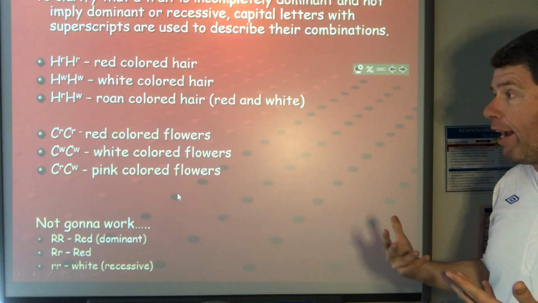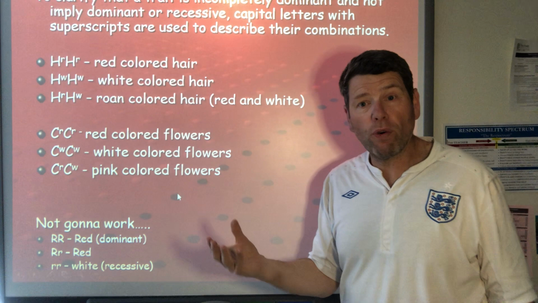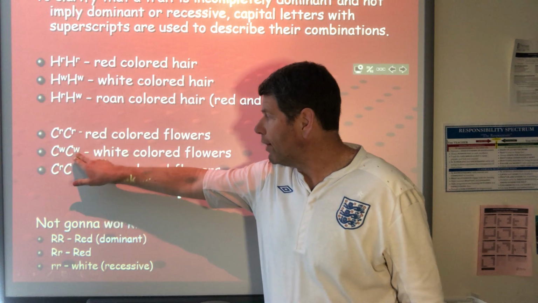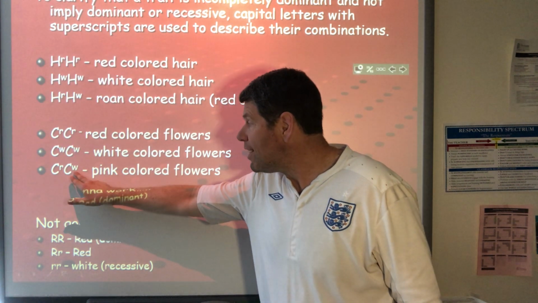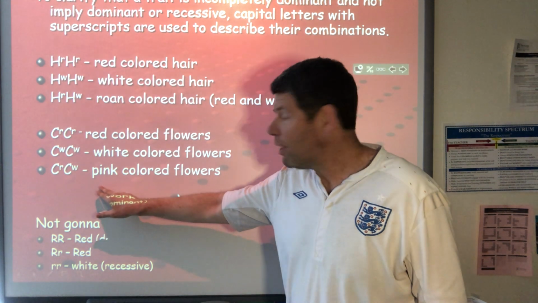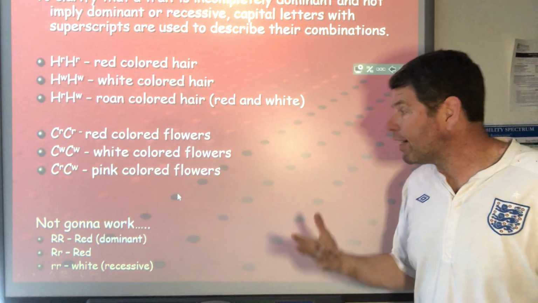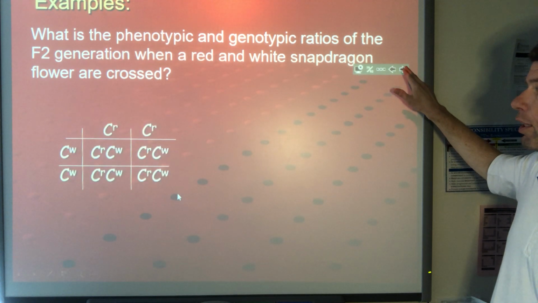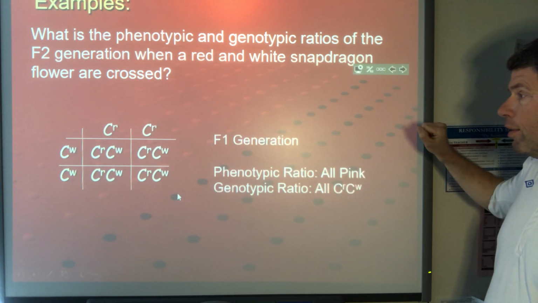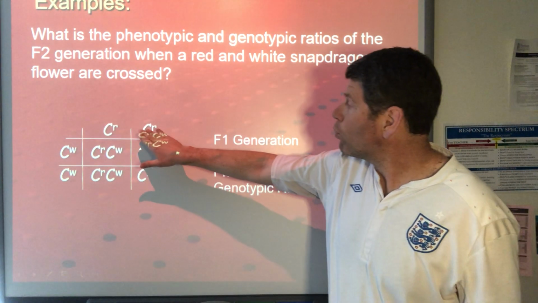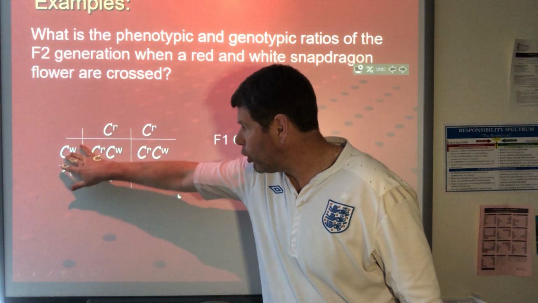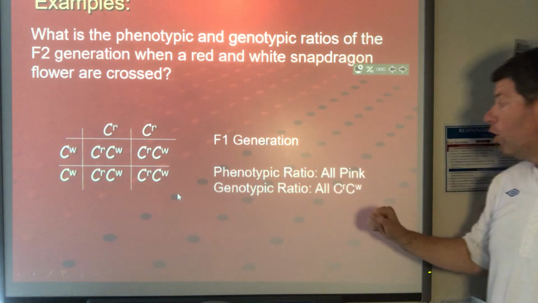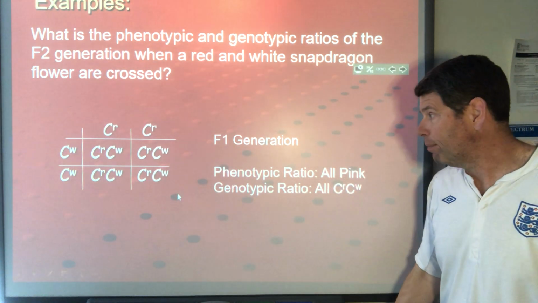With our snapdragons, we could say, let capital C be for the color trait, and again, the superscripts are very similar, the R for red, the W for white. When you have one of each, blending, that's incomplete dominance, so we have the pink colored flowers. Now the next slides are going to show you the actual crosses. Remember, if we have our pure breeding red snapdragons and white snapdragons, all we get in the F1 generation is one genotype, which means all of those flowers are pink.